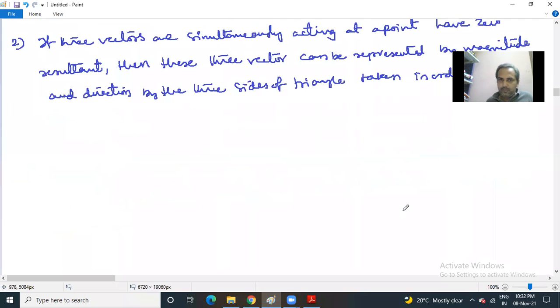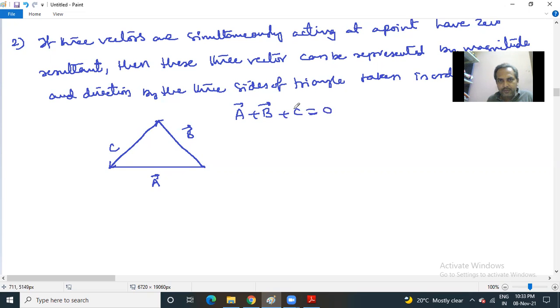So this is going to be like this. So this is vector A. So this is vector B. This is vector A. Now this is going to be vector C. So finally what you can write is A plus B plus C is equal to 0.